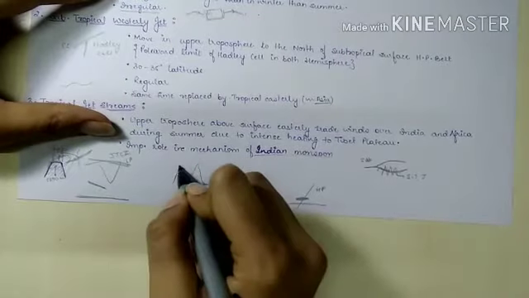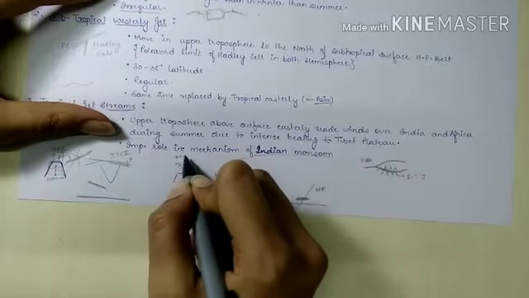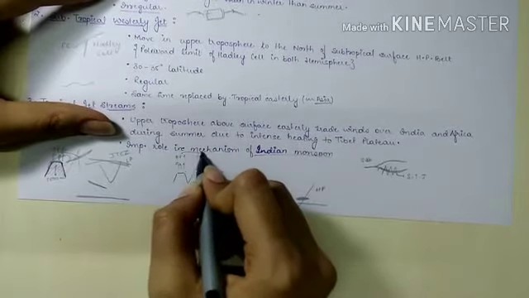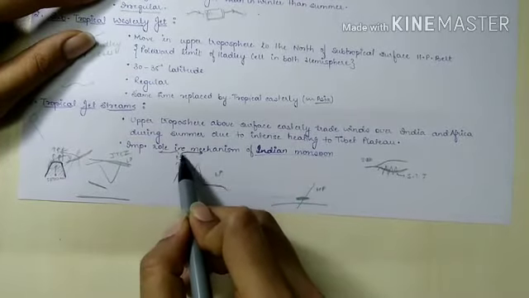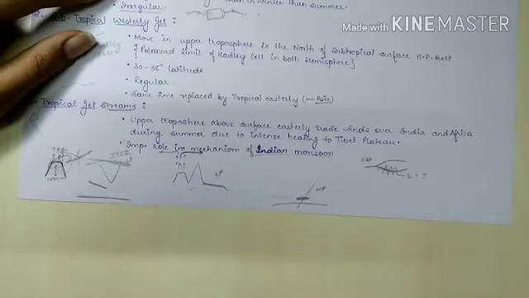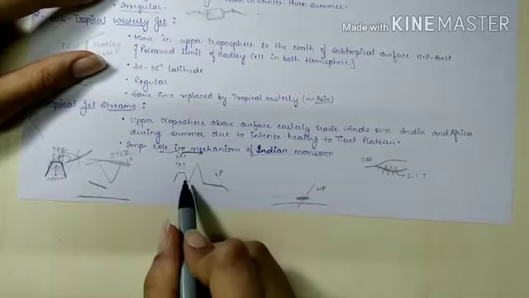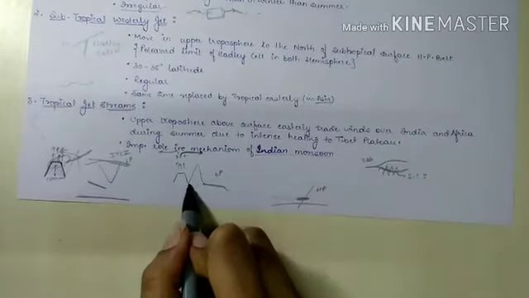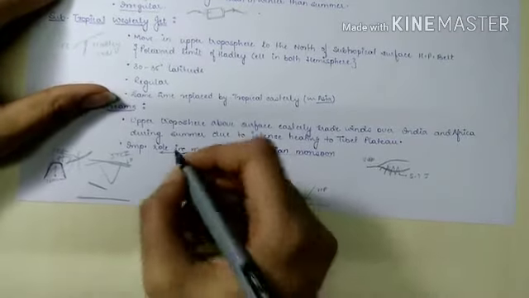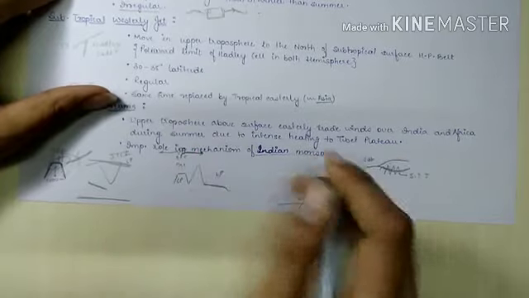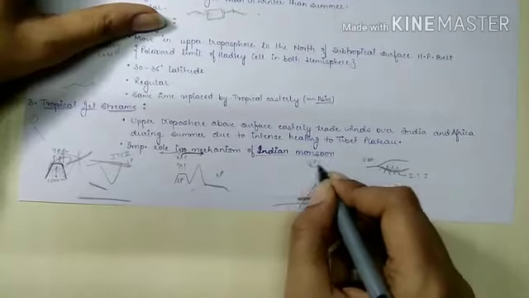Now, as these winds rise, they diverge into two. This branch is known as the tropical jet stream, also known as the easterly jet. Because we have low pressure on the surface, we will have high pressure in the upper atmosphere, and because we have high pressure here, we will have low pressure in the upper atmosphere.